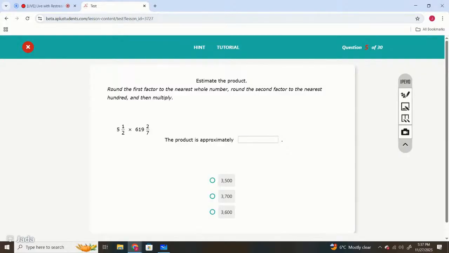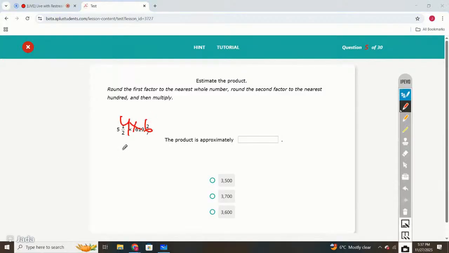5 whole 1 by 2 times 619 whole 2 by 7. Round the first factor to the nearest whole number, round the second factor to the nearest hundred, and then multiply. So 5 whole 1 by 2 is rounded to 6.